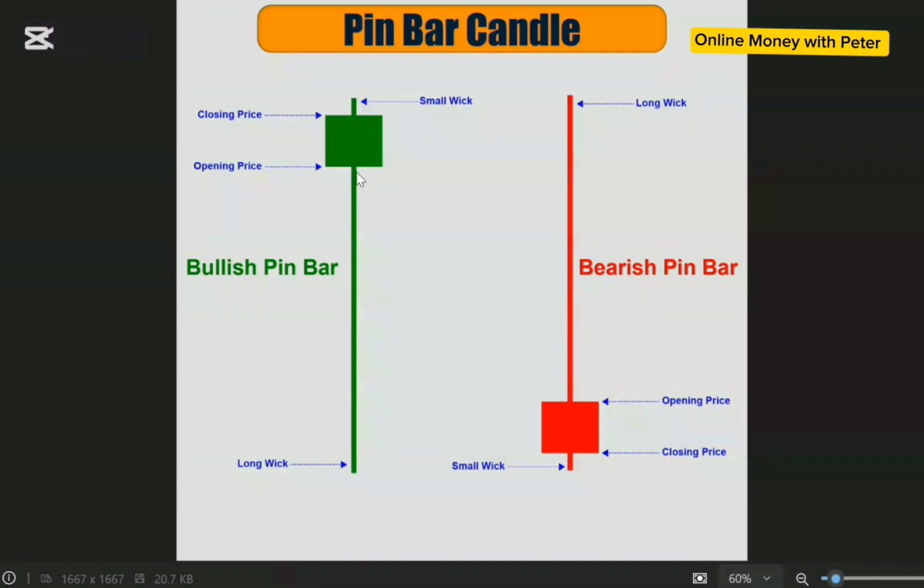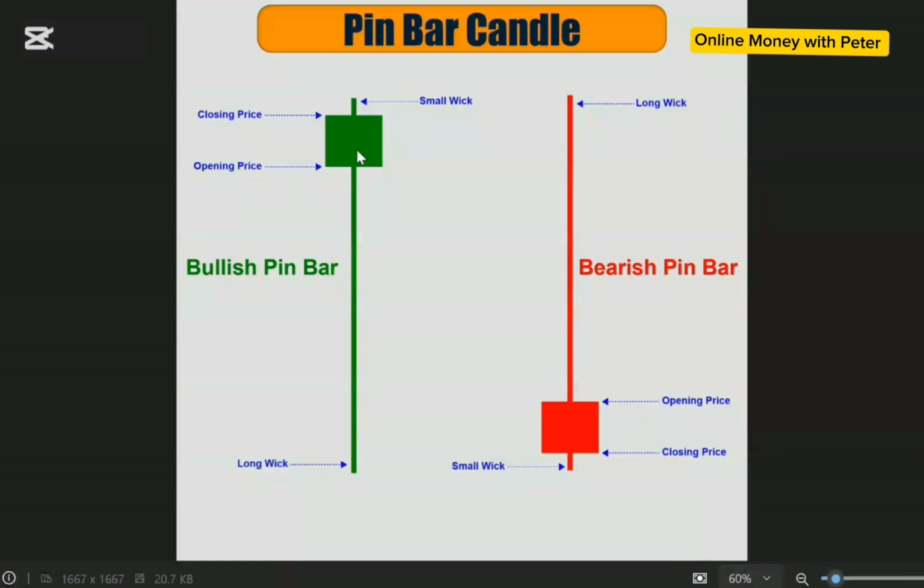The pin bar usually has a long tail, a small body and a little wick on top of it. Sometimes you won't see any wick, depending on the interaction between the buyers and the sellers. This small wick at the top shows that the buyers pushed the price to this point before it came down and closed here. And this long wick shows that the sellers actually pushed the price to this point, and then the buyers came in, pushed the price, and it closed at that point.